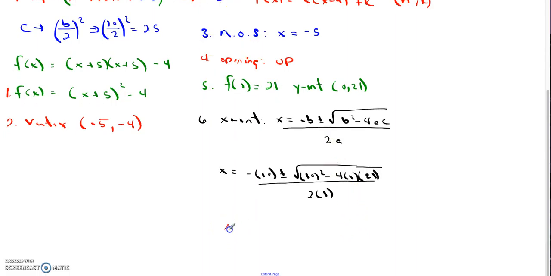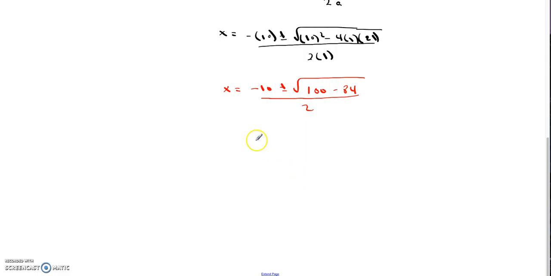Simplify this. X equals negative 10 plus or minus square root of 100 minus 84 over 2, which turns into x equals negative 10 plus or minus square root of 16 over 2. X equals negative 10 plus or minus 4 over 2.